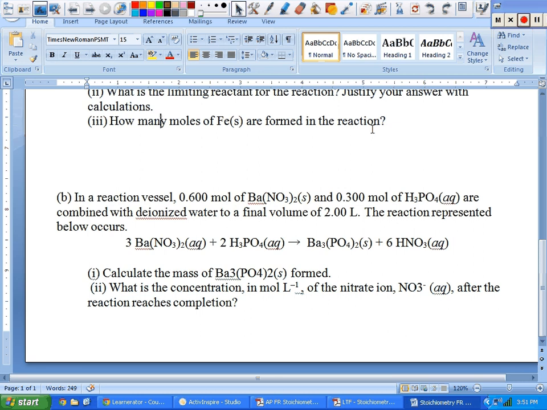So barium nitrate and phosphoric acid are combined with deionized water. Now, why does it matter we're mixing it with water? That's okay, because all acids must be in water. To a final volume of 2 liters. The reaction represented below occurs. So we have barium nitrate plus phosphoric acid yields barium phosphate plus nitric acid.